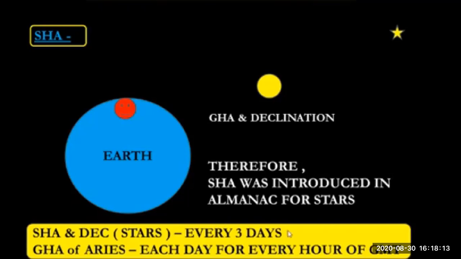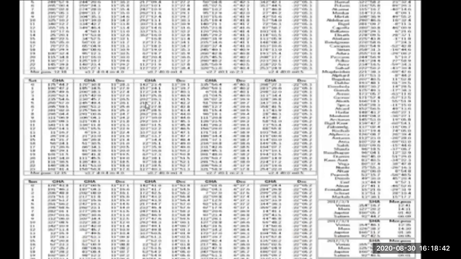So we have the SHA and declination for stars every 3 days in the nautical almanac, and we have taken only one point, GHA Aries, for each day and every hour of GMT. With the help of that one point, we will be able to derive the GHA of all the other stars. So by using GHA of Aries for the time required and applying the SHA and declination of the star, we can get the GHA and declination of the star.